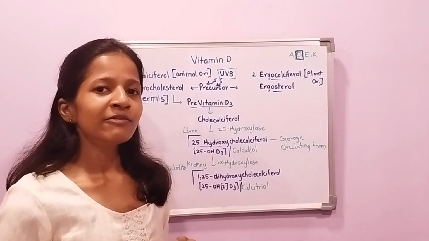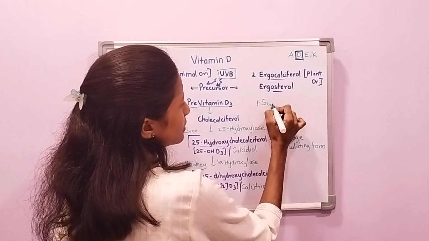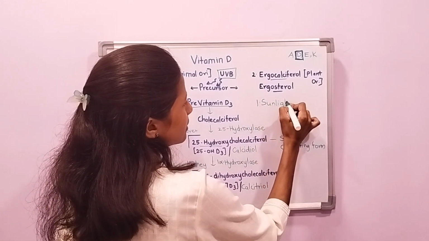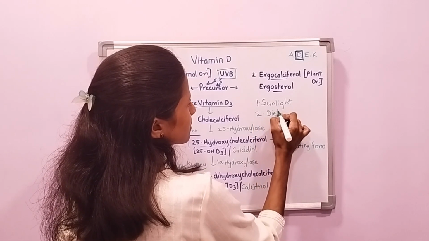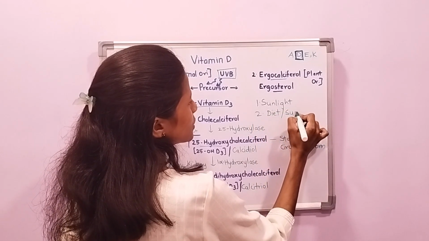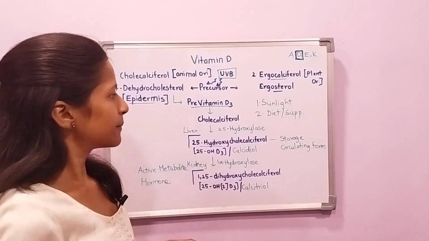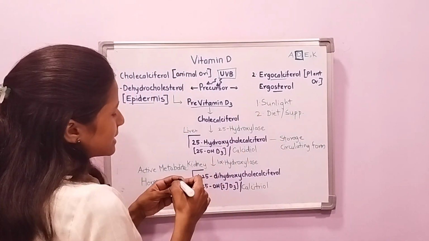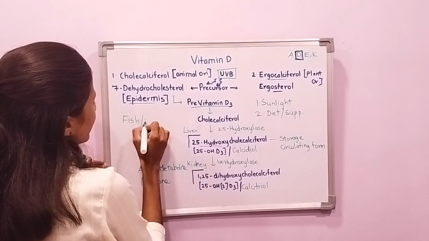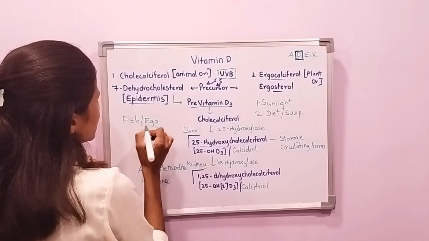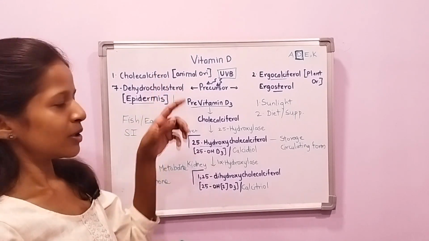We get vitamin D from two main sources. One is from sunlight exposure, and second is from diet or supplements. So supposing fish or eggs are being consumed, in the jejunum of the small intestine, the animal origin is cholecalciferol, right?